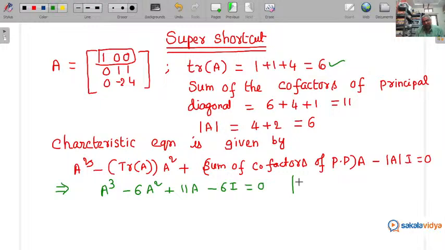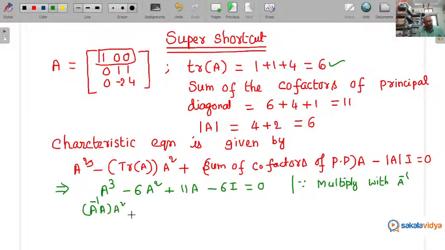Multiply with A inverse. See, with A inverse, then what do we get? A inverse of A into A square, write down, no problem.